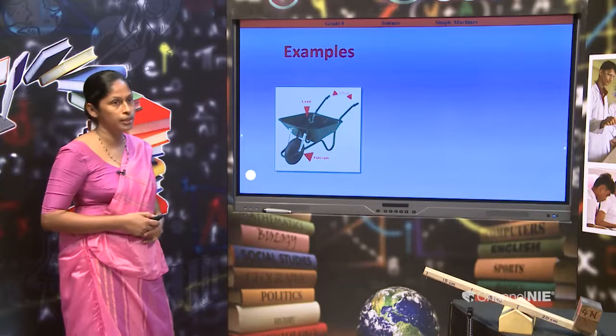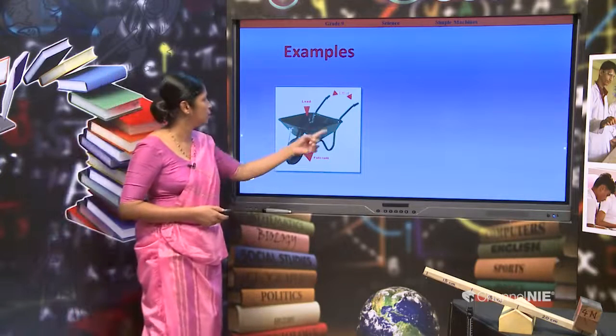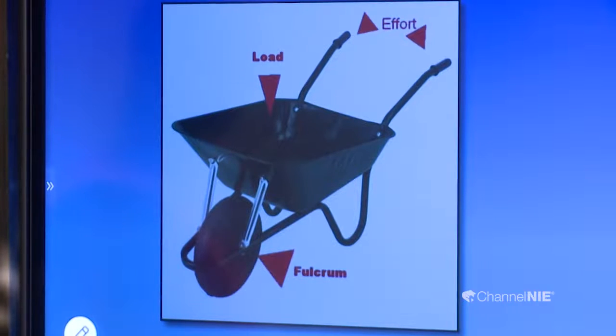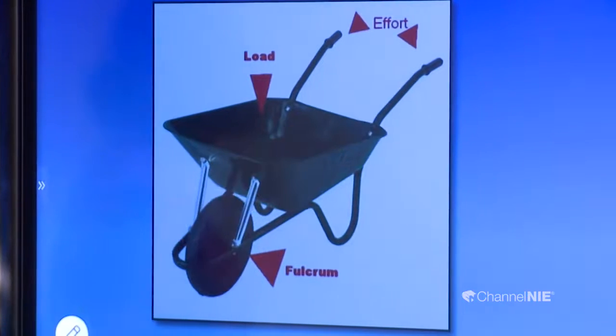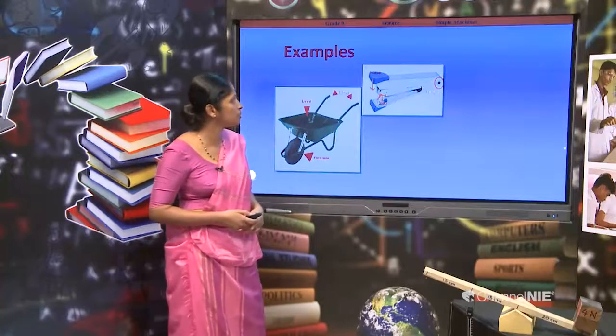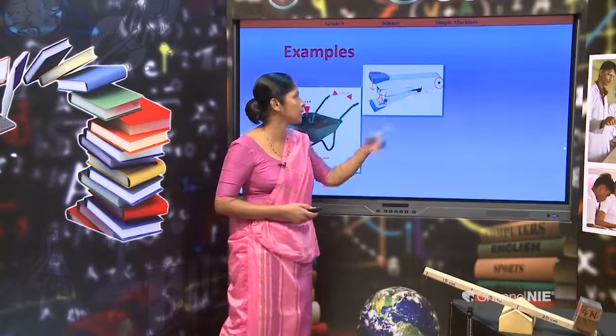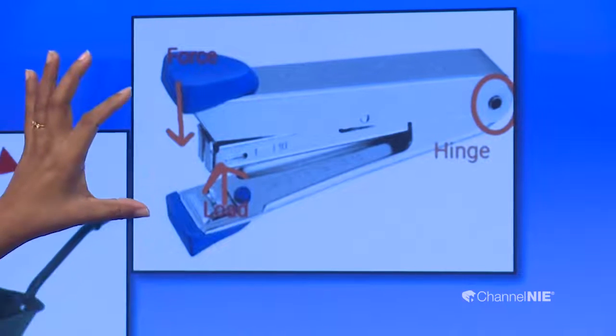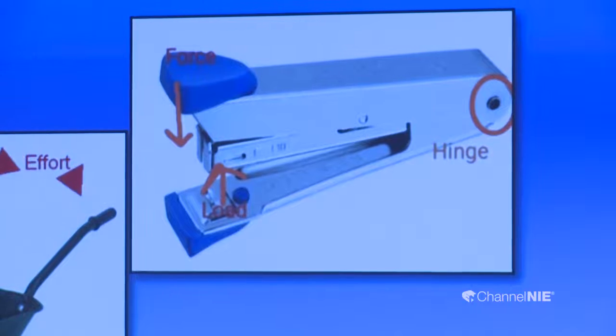Examples for second order levers: wheelbarrow, load is in the middle, effort is exerted at these points. And stapler machine, we all use stapler machines, this is the fulcrum, load, and here is the place we exert the force.